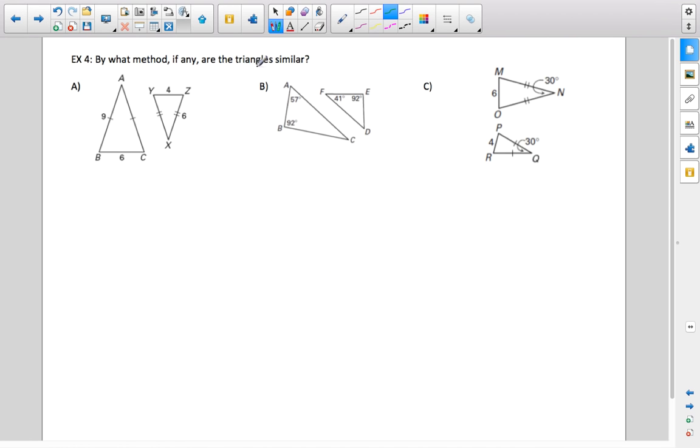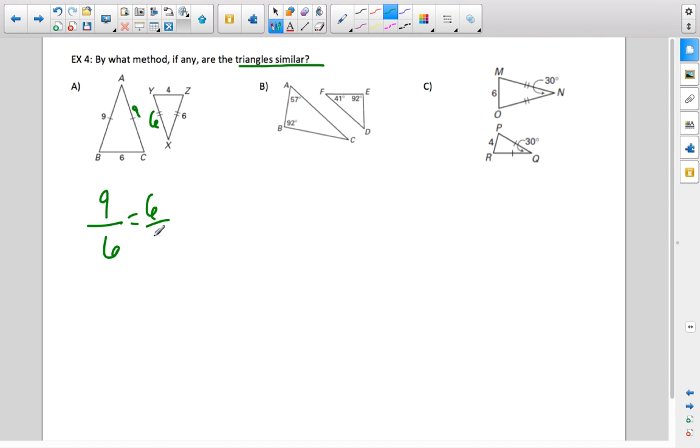Okay, can we tell if these triangles are similar? Let's check it out. We have an isosceles triangle. It's showing me here that these two sides are congruent, so I have a 9 over here. And the small triangle is isosceles, so we have a 6 over here. So does 9 over 6, comparing two sides of the triangles, equal 6 over 4?